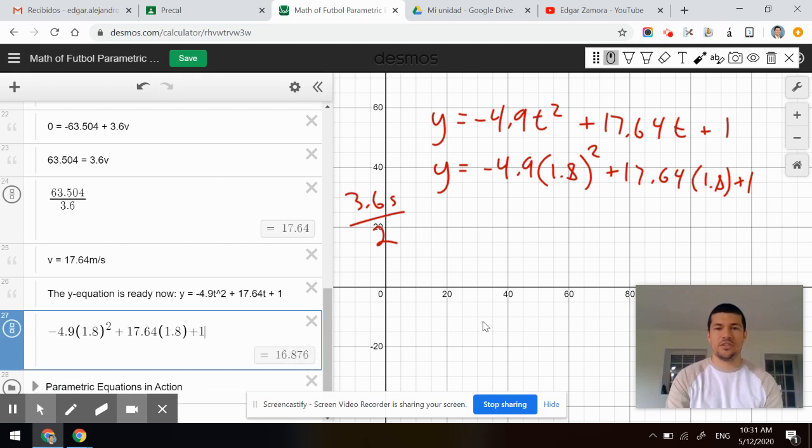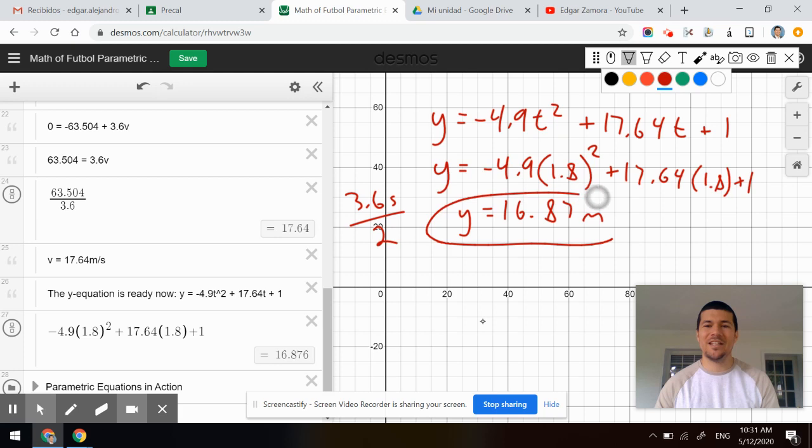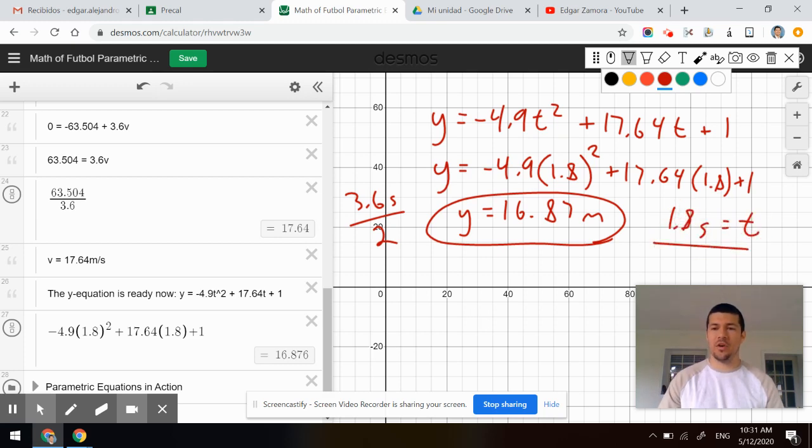So when I do that, I actually get y equals 16.87 meters. In other words, that's how high the ball went. It got to 16.87 meters at the time of 1.8 seconds. All right. So that's the information vertically speaking.